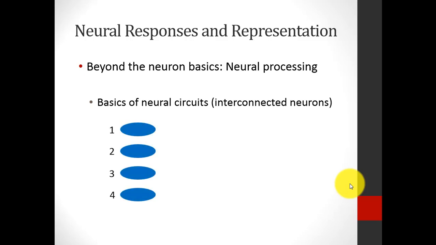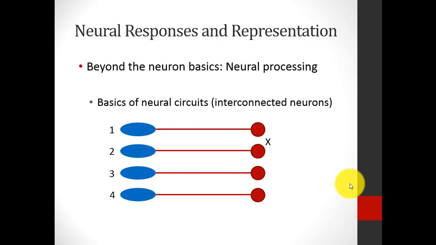So if we think of a basic structure with these blue ovals serving as our sensory receptors, and here are our red receiving neurons, you have the connectivity here between the sensory receptors and the receiving neurons.